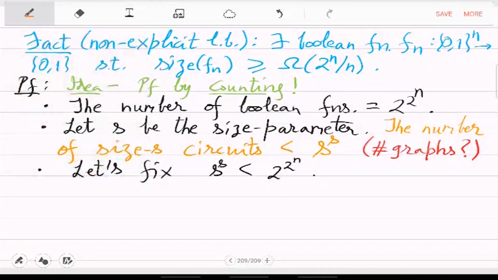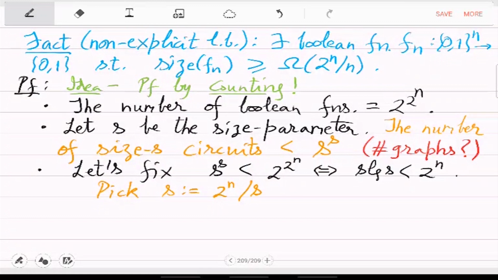So, we can fix S. We basically want S log S to be less than 2 raised to n. So, we can pick S to be slightly smaller than 2 raised to n. 2 raised to n will not work, but 2 raised to n by n will work, right.